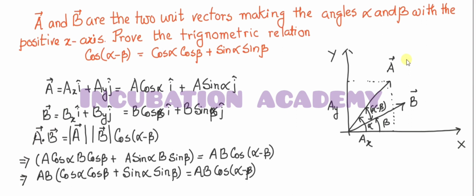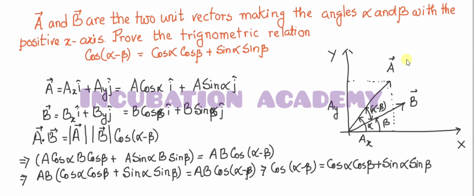So ab cancels out. We know that a and b are two unit vectors. Even if a had some value, just let it be, because it cancels out from both sides. So this becomes cos(alpha minus beta), the trigonometric identity, equal to cos alpha cos beta plus sin alpha sin beta.